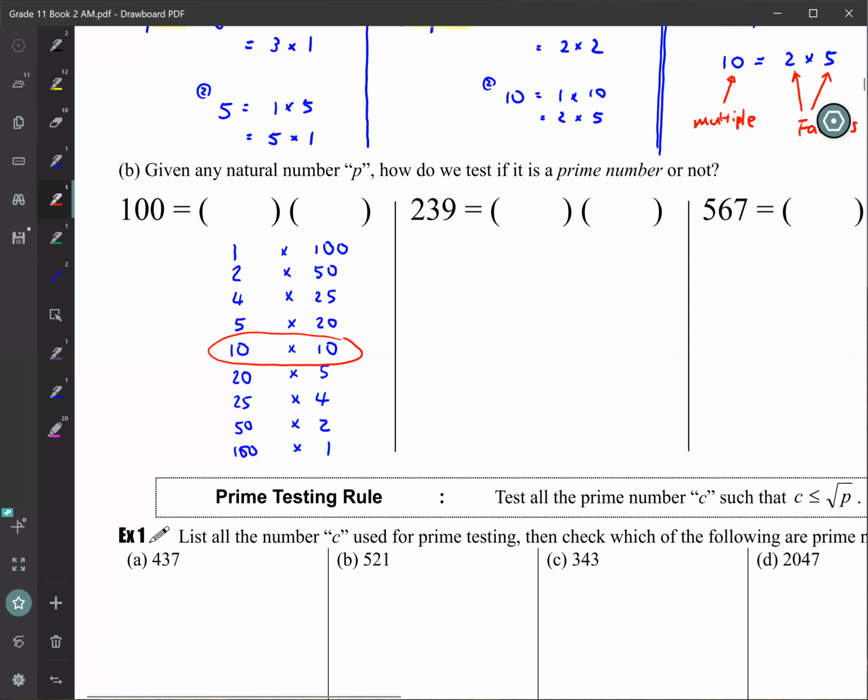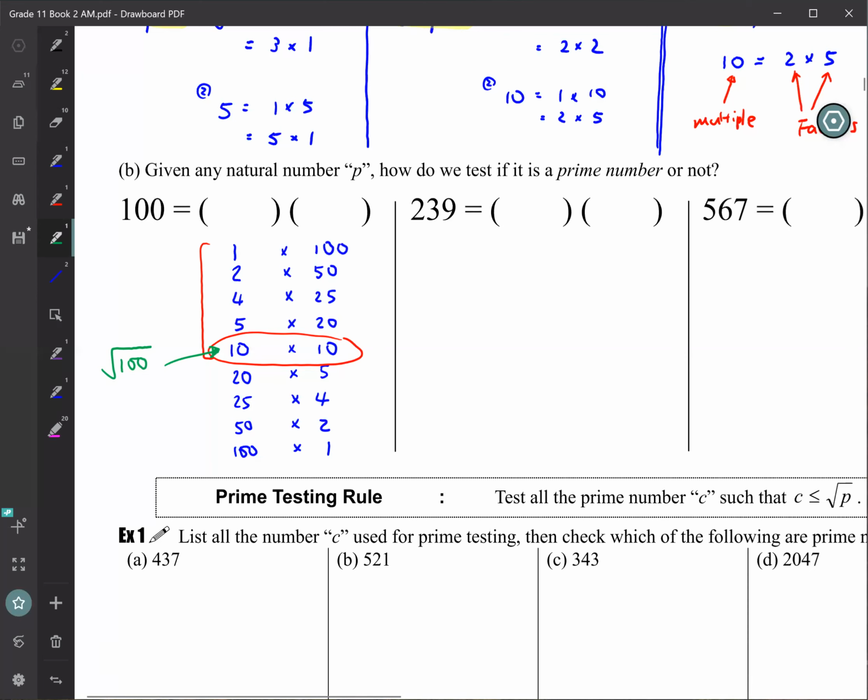So the middle part came from the square root of 100. It sort of cut the 100 in half into two factors that are the same.